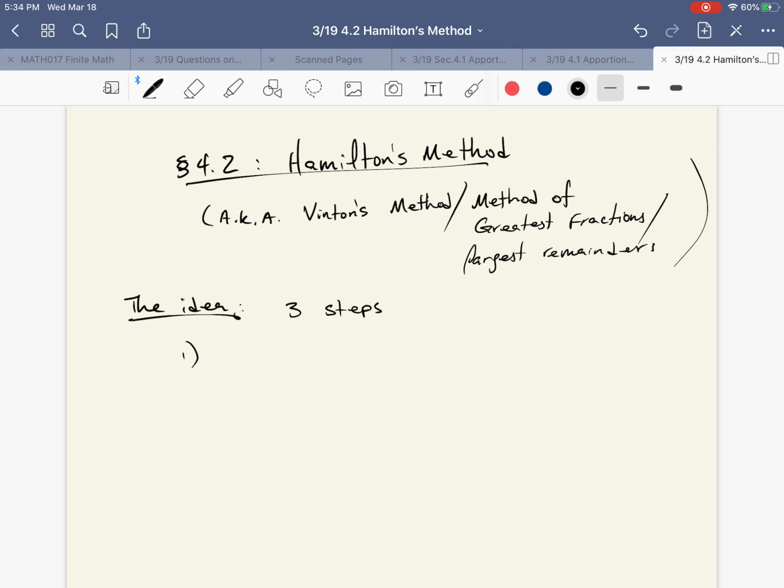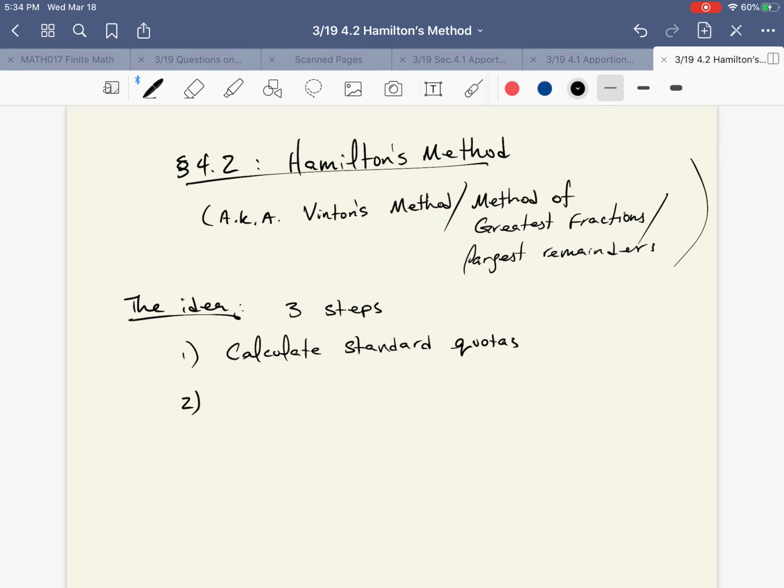One, we're going to just calculate everybody's standard quotas, just like we were doing for our fictional example, and we'll recall what those are in just a little bit.